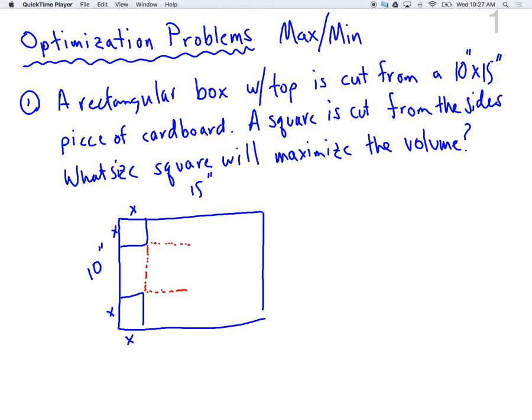But I have to account for the top. Okay, well, how do I do that? Well, I got to cut some stuff off the sides there also. So I'm going to cut something that looks like this, and I don't know how accurate this diagram is, but we'll wing it. And you can see that this should go there. That red rectangle slash square is the bottom of the completed box.